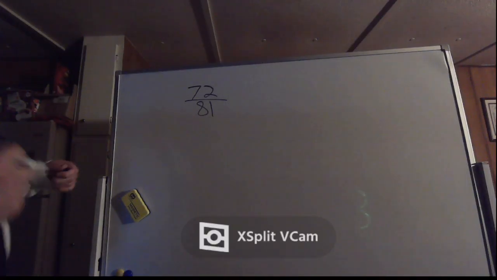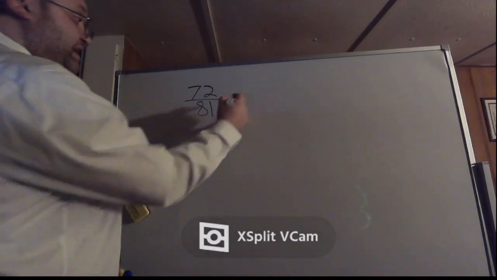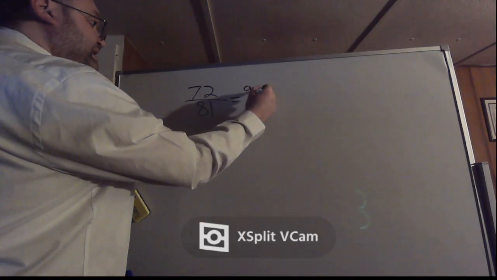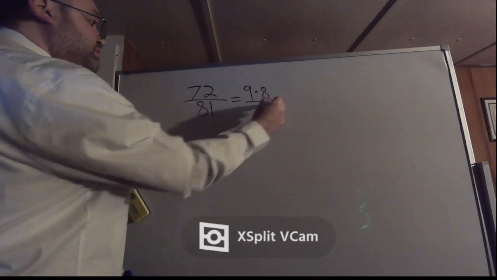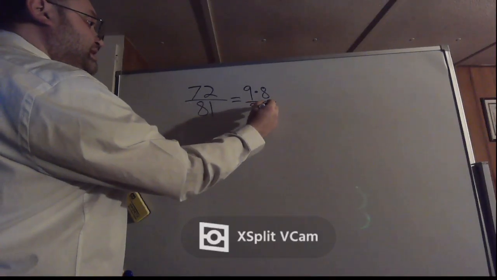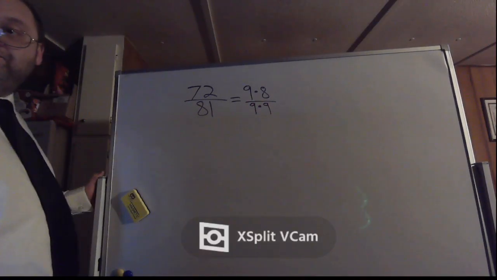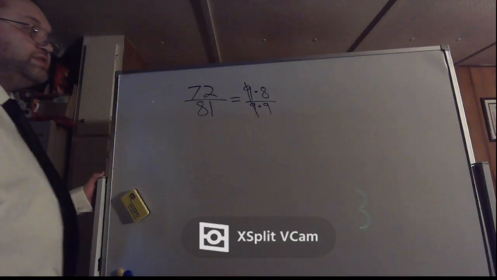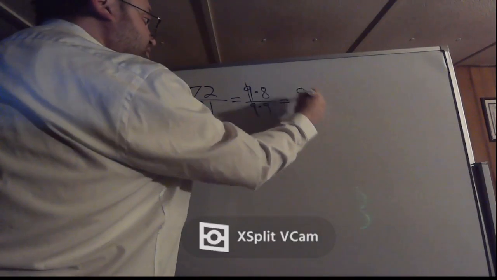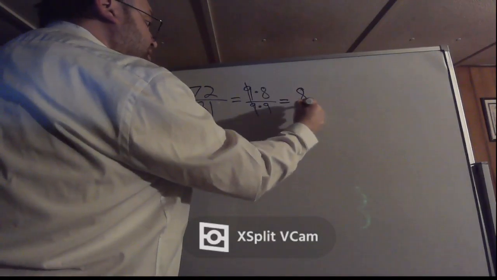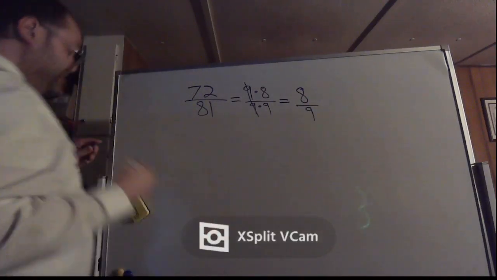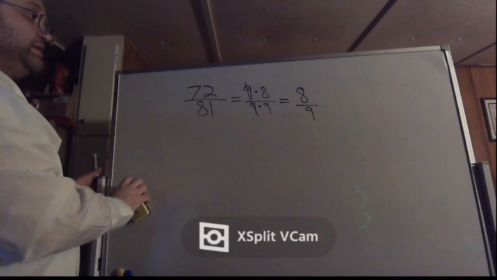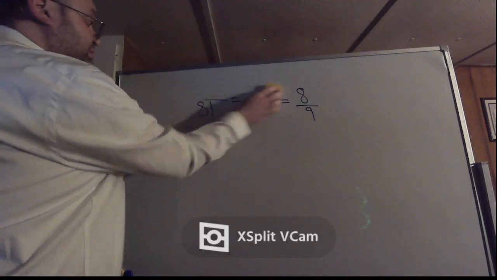Well, 9's a common factor of both, because 9 times 8 equals 72, and 9 times 9 equals 81. You can factor out a common 9 from both the numerator and denominator. You are left with 8/9. You can't reduce 8/9 any further than it already is, so that would be your answer.